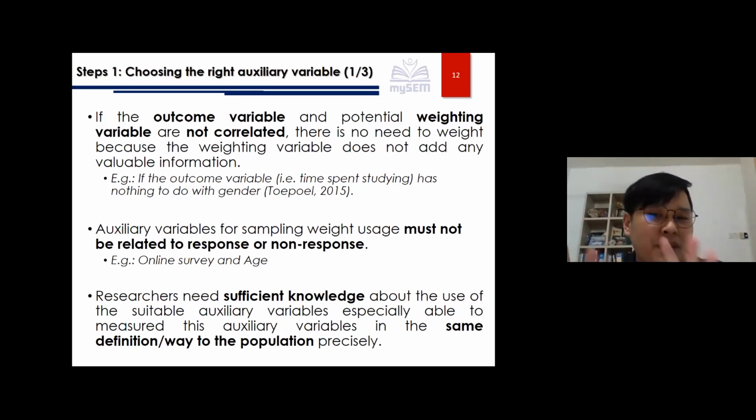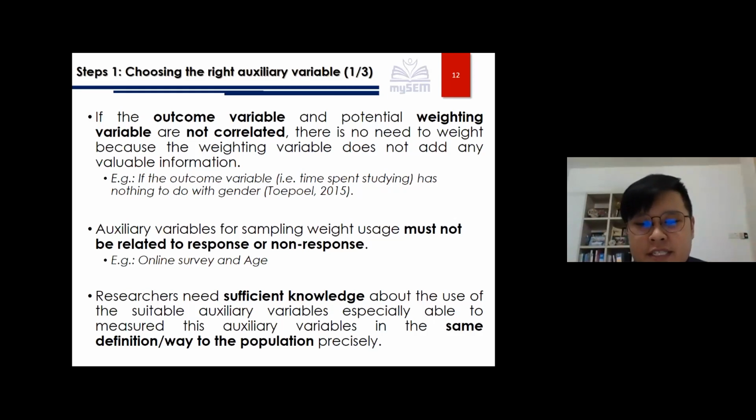You do not know the population number, but you could somehow know the population of the context that you're doing. Most of the time it is based on demographic variables, where you will know, oh, male and female are equal in that population, for example. So when you choose the right auxiliary variable, most of the time it will be your demographic variable.